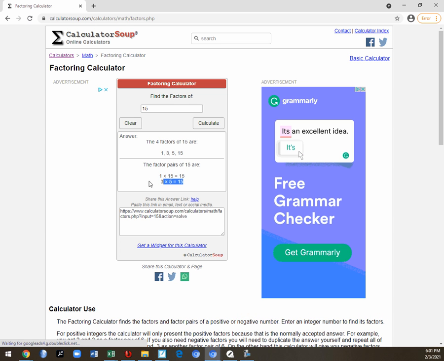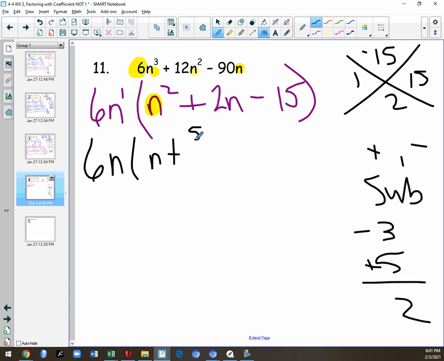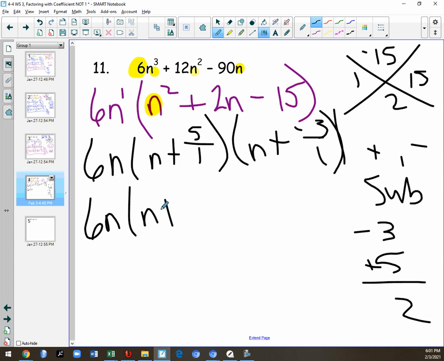Those factors are 3 and 5. I have to have a positive 2, which means the 5 is going to be positive and the 3 is going to be negative. So 6n times n plus 5 over 1 times n plus negative 3 over 1. So that is 6n parenthesis n plus 5 times n minus 3.